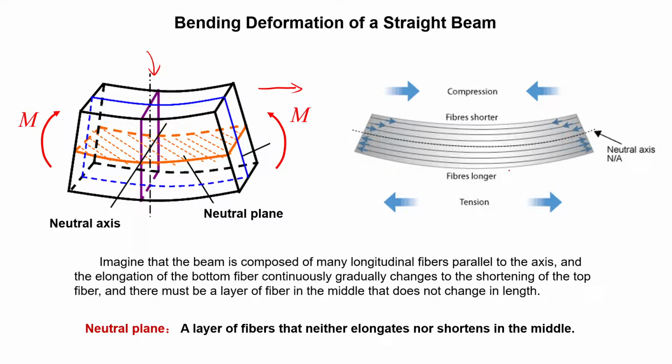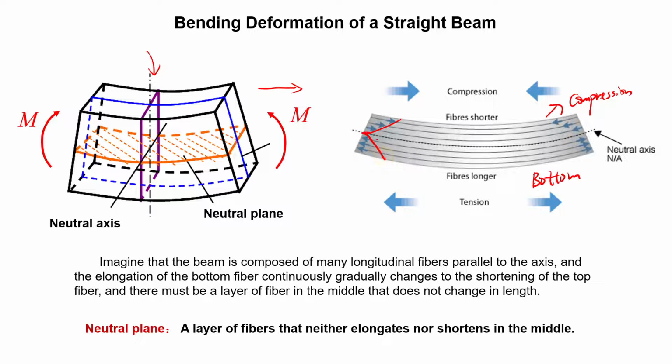This will generate tension on the bottom and compression at the top. And there must be a transition where you have a negative stress go to zero and then from zero to positive stress.